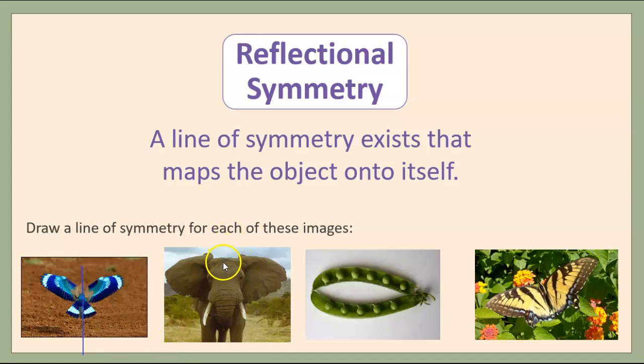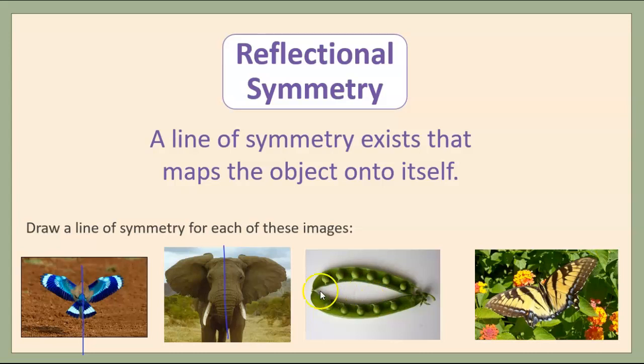Similar with this elephant, we could draw a straight line down the center, or approximately down the center. And the elephant's ear would match up with that ear. So you'd reflect it across and it would land there, and this ear would land over there. So the elephant in its entirety is considered symmetrical over that vertical line.